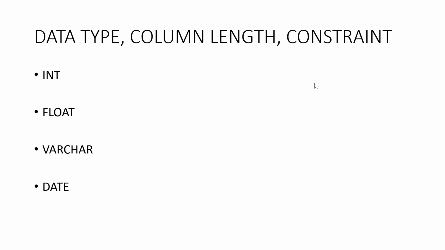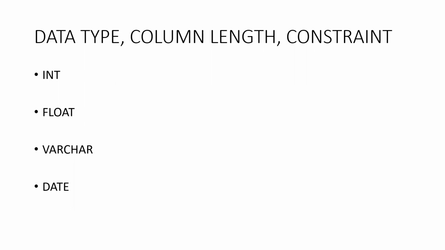And there is another aspect, and it's very important as well: constraint. While declaring the columns of a table, we can impose some constraint on top of each individual column. One of the constraints is called null or not null. By default, a column has null properties.